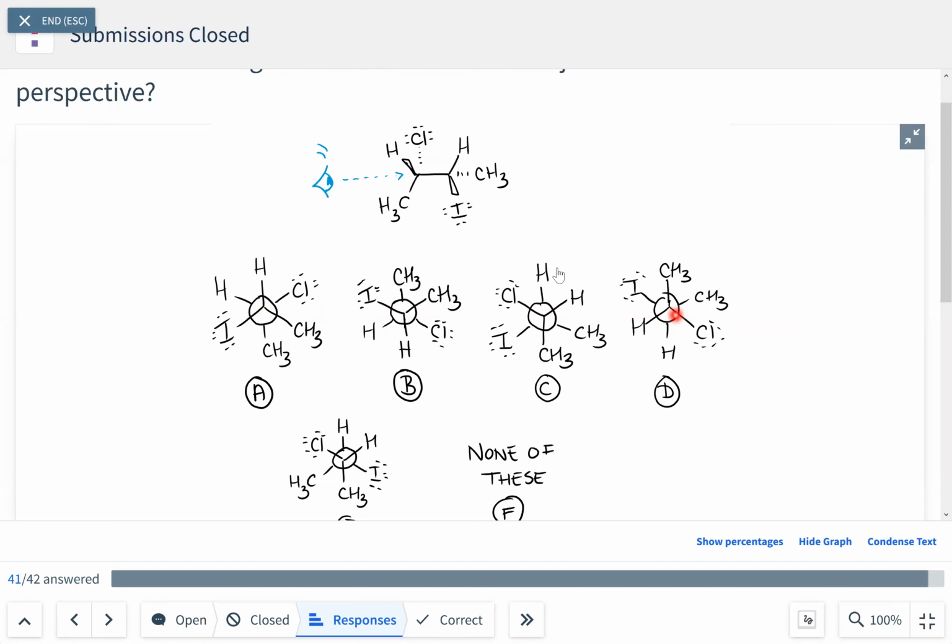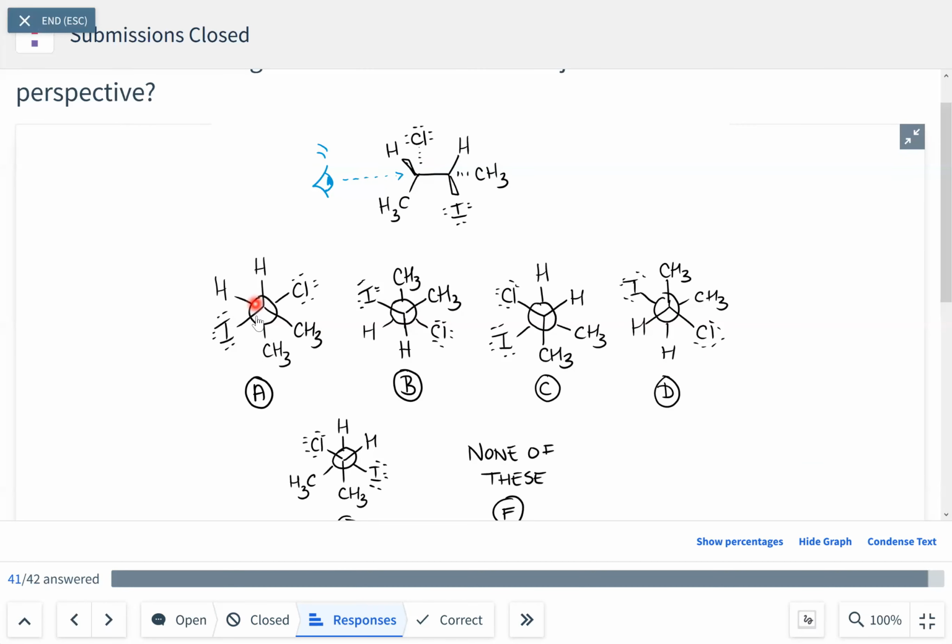And if we are looking at this from this perspective, looking down this bond, you will notice that there is one group that is pointing straight down from our perspective. And that group is a methyl group. So on this little dot here, there should be a line pointing straight down if you want to be looking at it from this perspective.